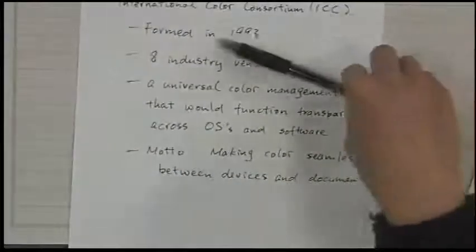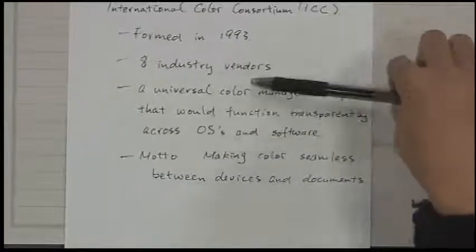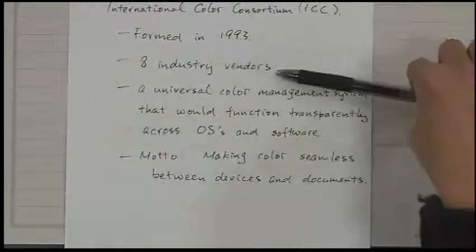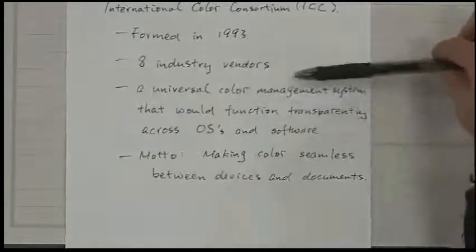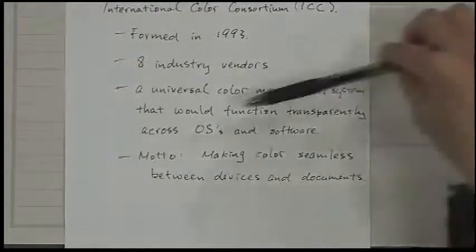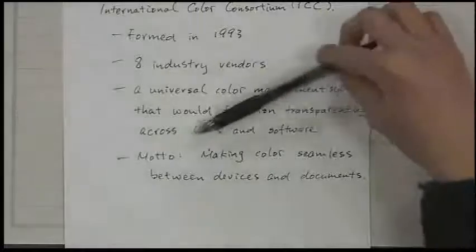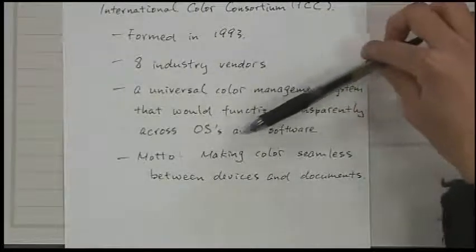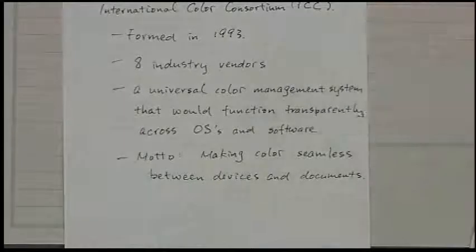The organization was formed in 1993 by 8 industry vendors. The objective is to create a universal color management system that would function transparently across operating systems and software. And they also have a motto of making color seamless between devices and documents. So from this, you have an idea what they're trying to do.